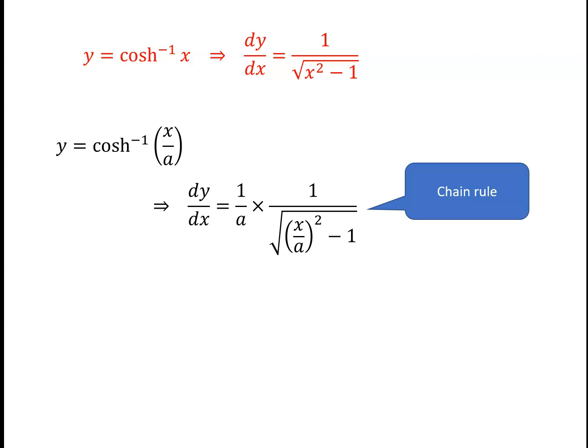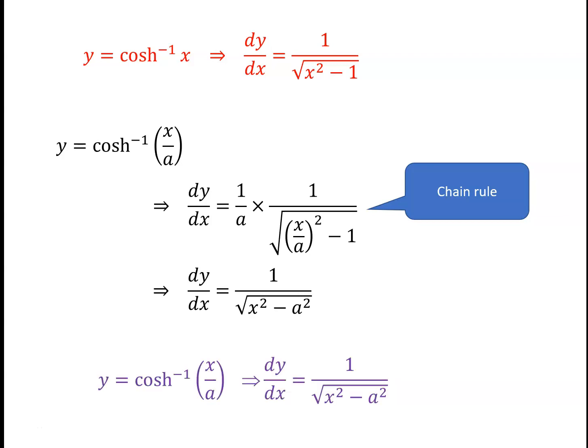And pushing the a in through the square root will just give me dy by dx equals 1 over root x squared minus a squared. In other words, we've got the derivative of cosh to the minus 1 of x over a is 1 over the root of x squared minus a squared.